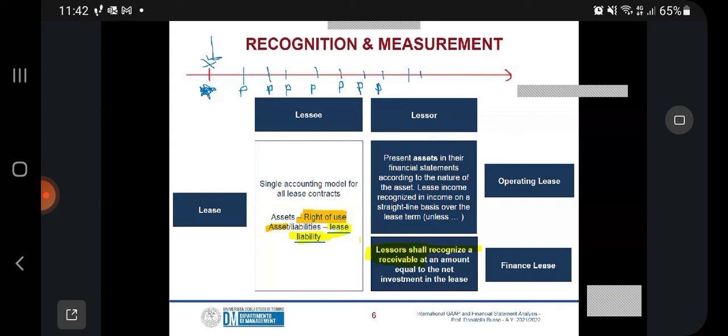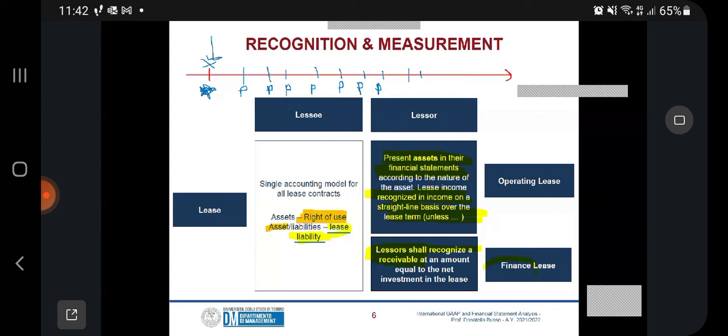For the operating lease, the assets remain in the financial statement of the lessor, and installments are simply recognized in the income statement as income on a straight line basis. This is the general statement.